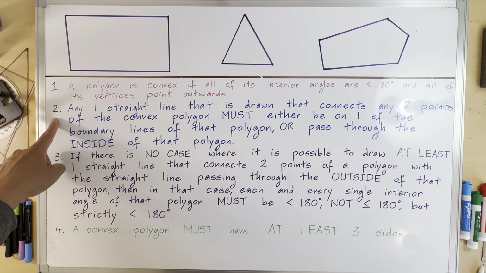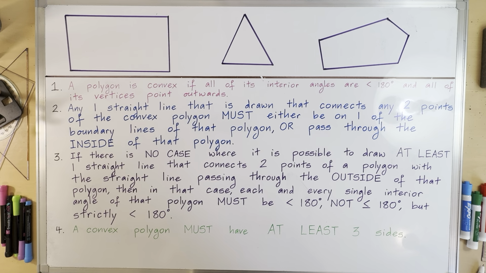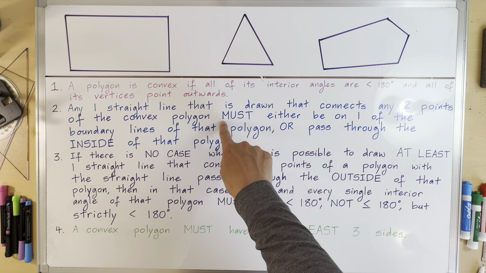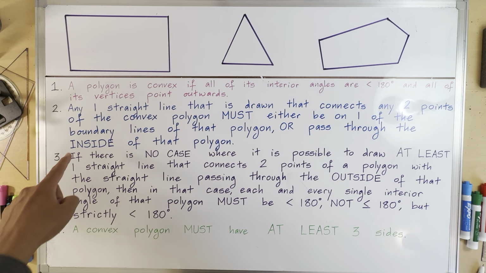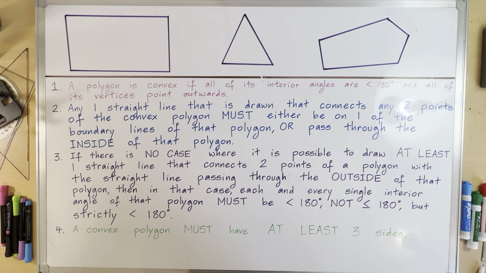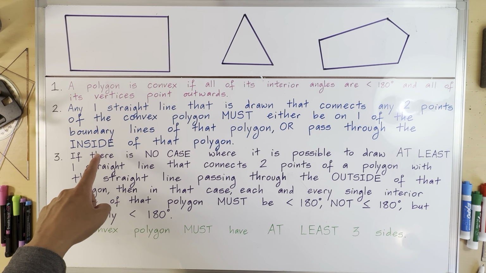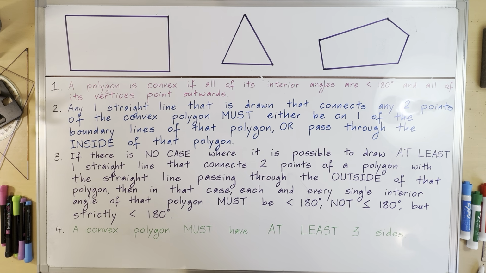Now, let's read statement number 2 together. Any one straight line that is drawn that connects any 2 points of the convex polygon must either be on one of the boundary lines of that polygon or pass through the inside of that polygon, not outside of that polygon, but inside of that polygon.